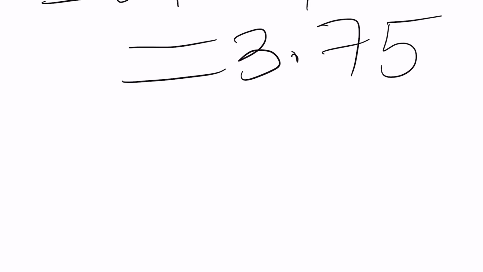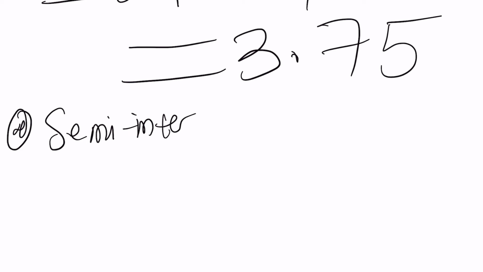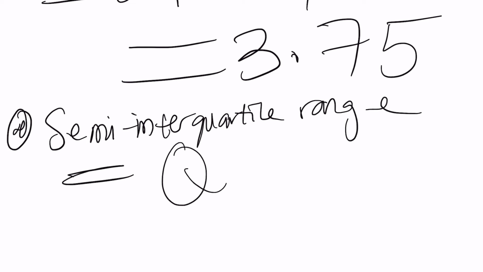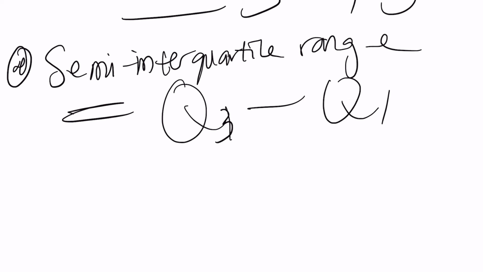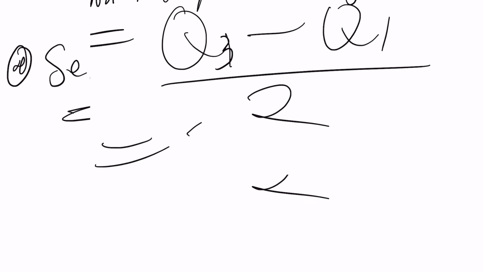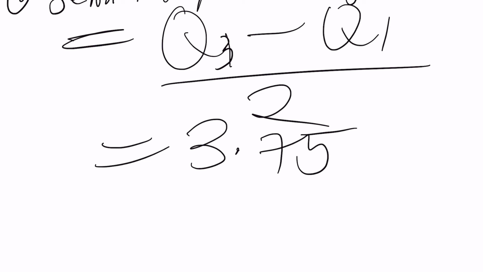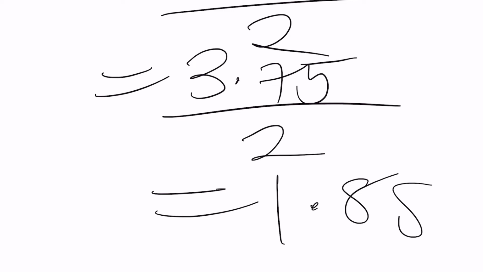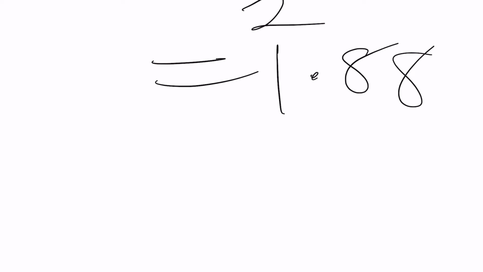Now for the semi-interquartile range, we have Q3 minus Q1 over 2. So we have 3.75 over 2, which is 1.88.